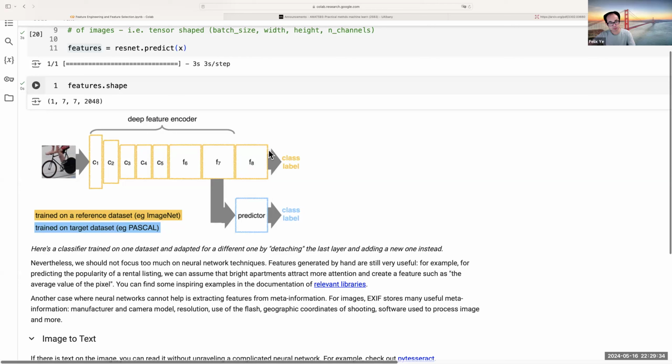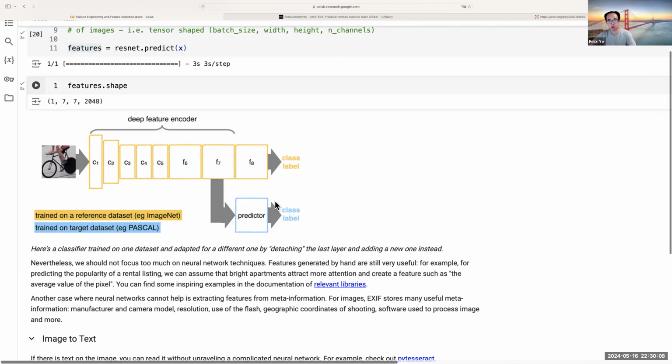But if you want to train on a different data set, for example a data set of skin cancers, there are no skin cancers in ImageNet. So you are going to detach the last layer, which in this case is your F8, and connect it to another fully connected layer called the predictors.